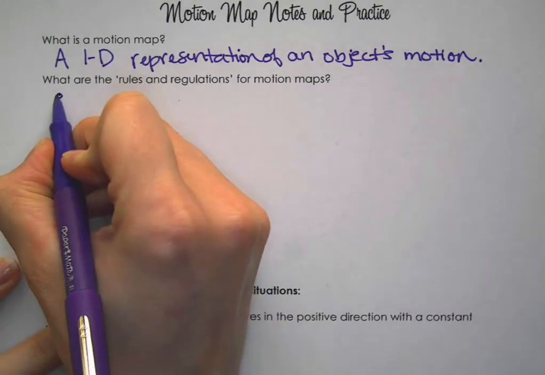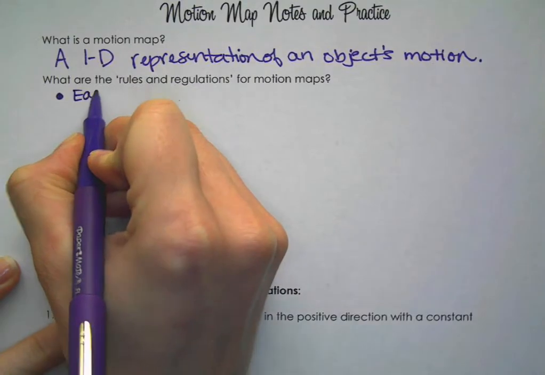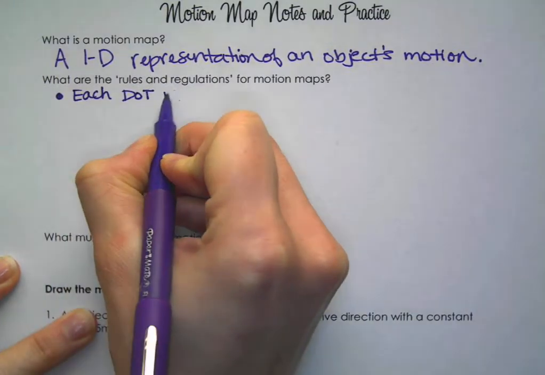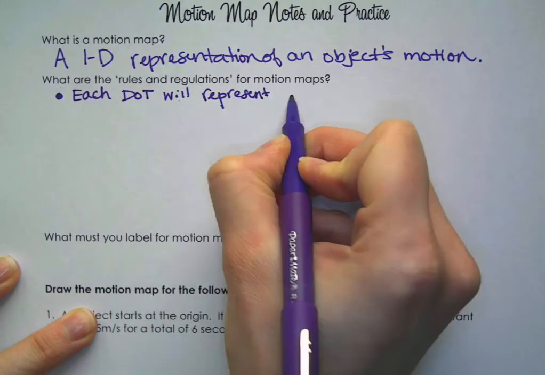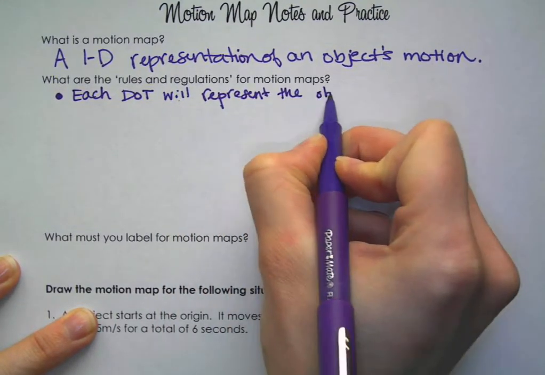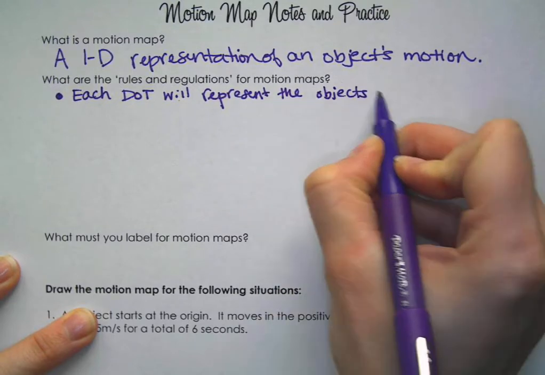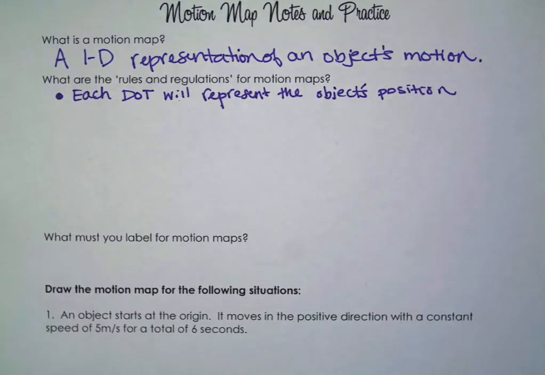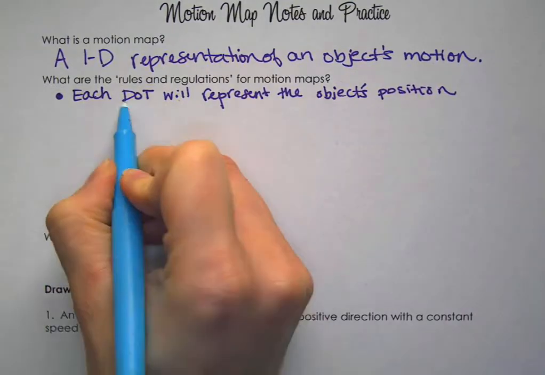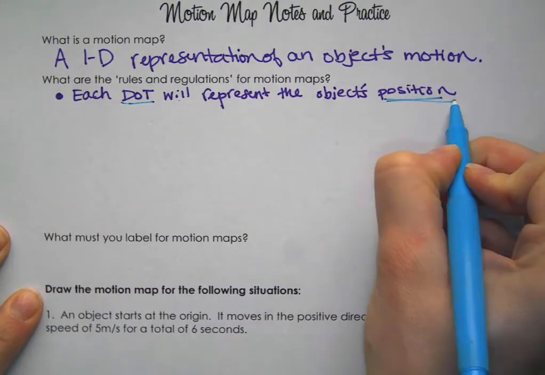So, each dot will represent the object's position. So, kind of highlighting what things are. The dots are going to represent the position.